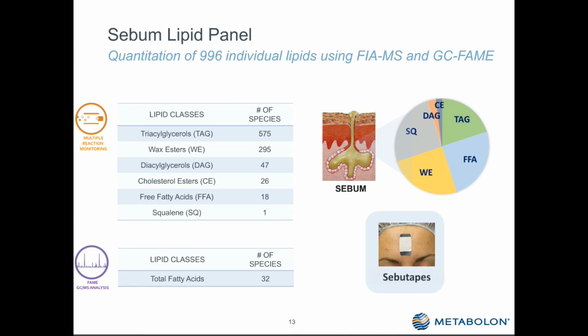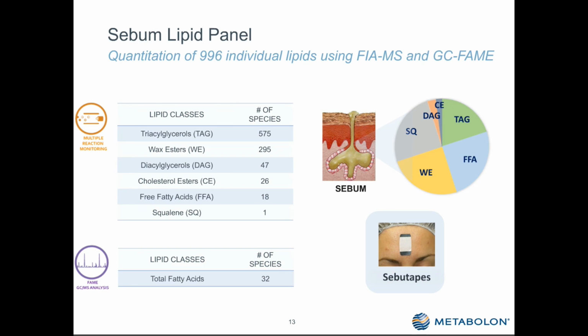And that is the main reason why we have a specific panel for sebum. With this technology, we are able to monitor close to 1,000 individual lipids. And once again, most of those lipids come from triacylglycerol and wax ester, and of course for squalene, there is only one possible combination.